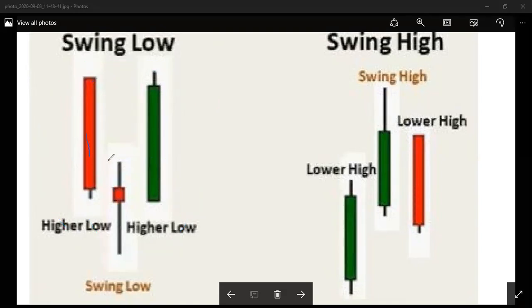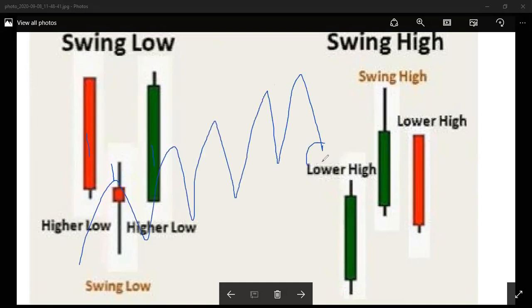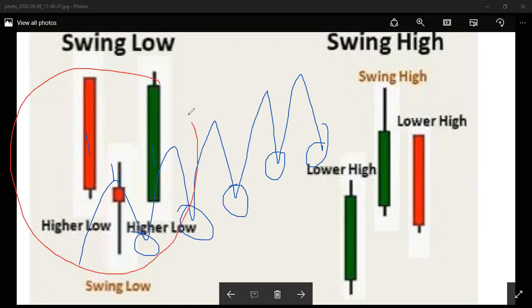On all of these higher lows, we are looking for this three candle pattern. Make sure that the middle candle is below the other two candles. The middle candle should always be below the other two candles. That's what we call a higher low.